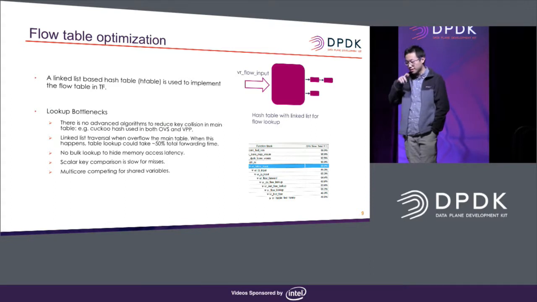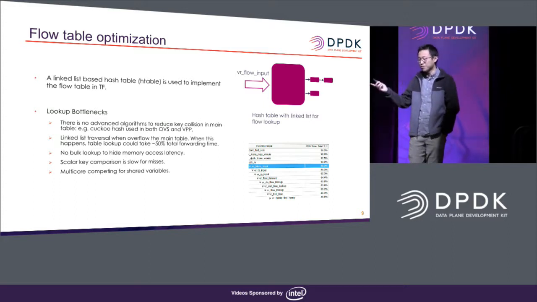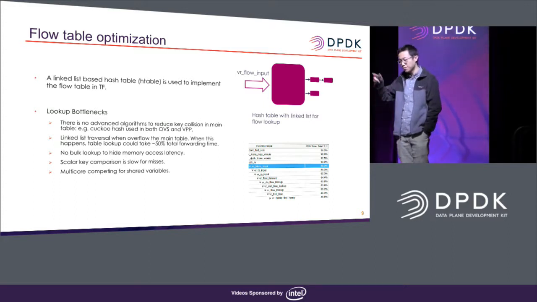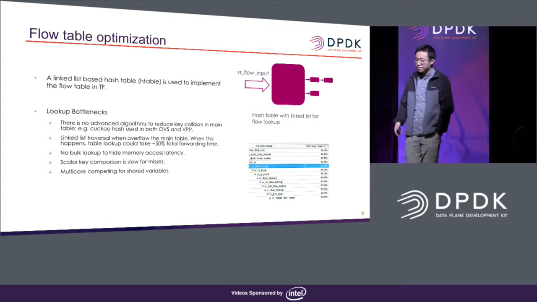The second one is that you traverse the linked list with multiple memory accesses. That's pretty costly.